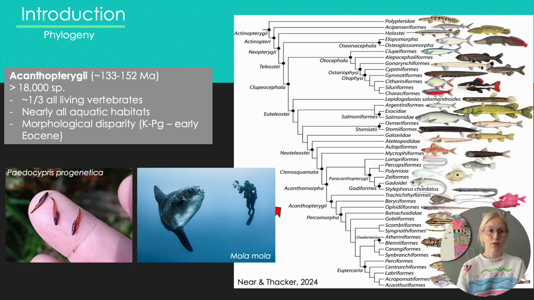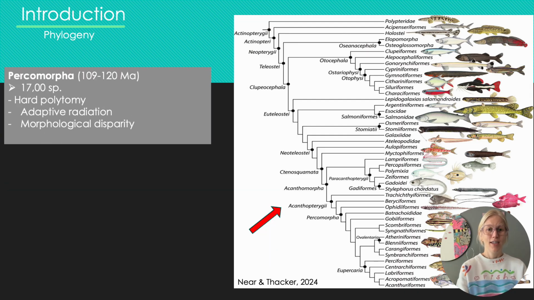And you can see that morphological disparity here between the very smallest fish and the largest bony fish, the mola or sunfish. Taking a deeper dive here, we can look at Percomorpha. Percomorphs, sorry, my cat's here, show exceptional species richness within the acanthomorphs.